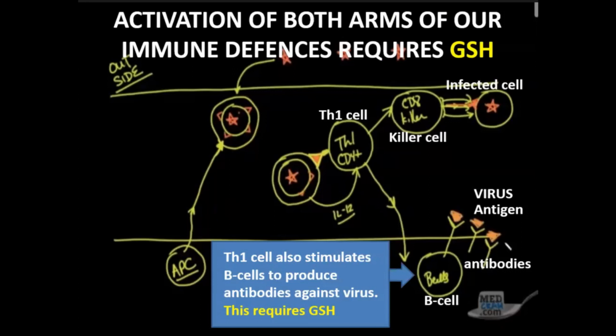Okay, very important, right? Very important. You will appreciate then why the final outcome, the end result of all this, depends on whether you have enough glutathione or not. Okay, so both arms of our adaptive immune system require sufficient glutathione.